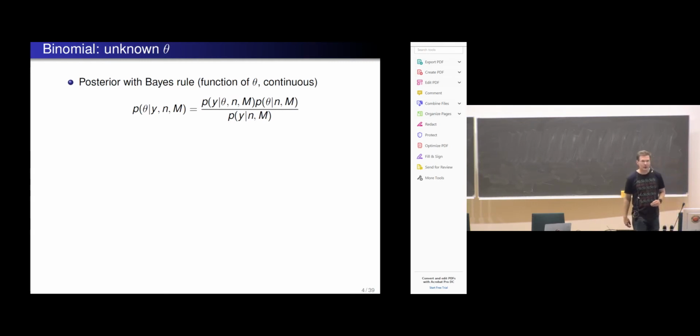Then we want to know something about theta. In the bag of chips example, we have a finite number of chips, so theta is not exactly continuous. We could switch to an idealized roulette. So there's a circle, and then we have an arrow, and we could divide this into some parts.